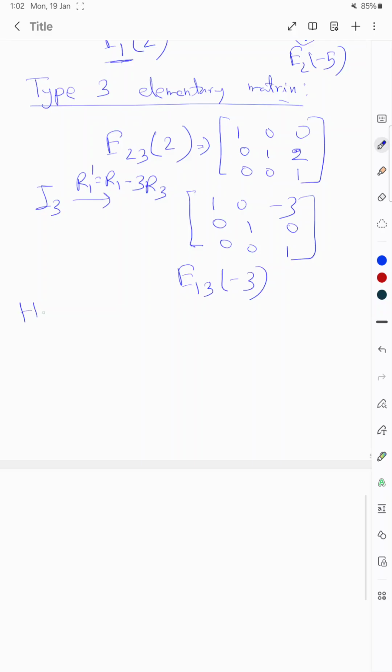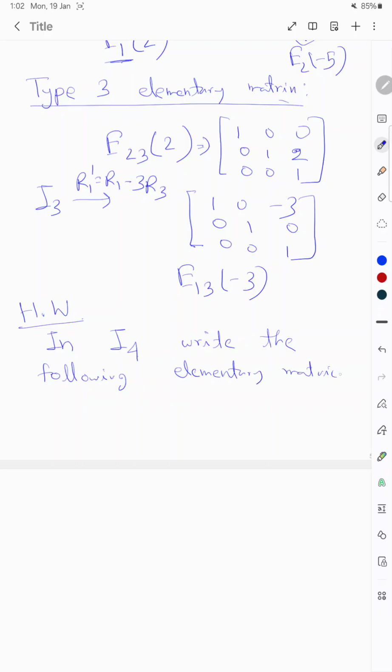So your homework is, in I4, write the following elementary matrices.